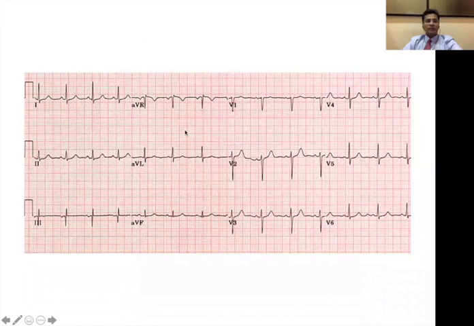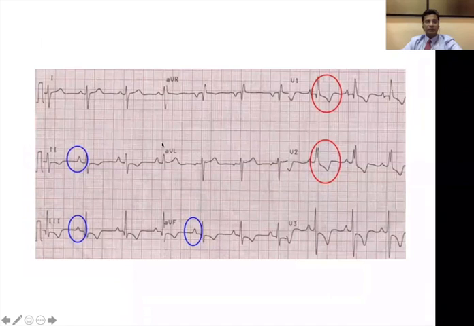This is a normal ECG. This is the normal P wave. And in V1, you can see the QRS wave is predominantly negative. If you look at the patient with right ventricular hypertrophy, one can see, particularly in lead 2, that there is a tall, very prominent P wave.